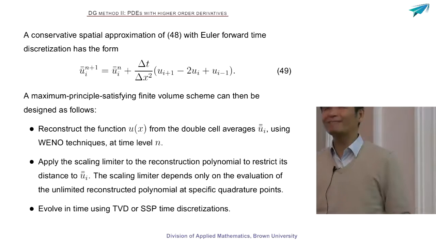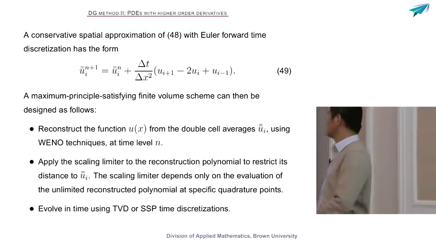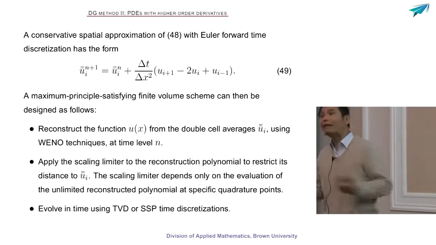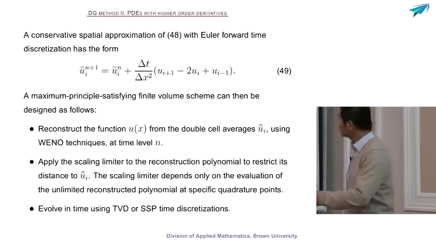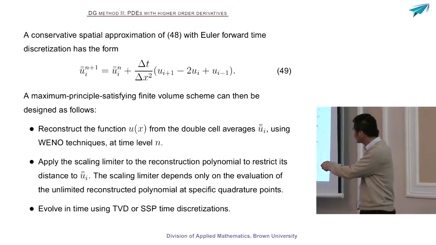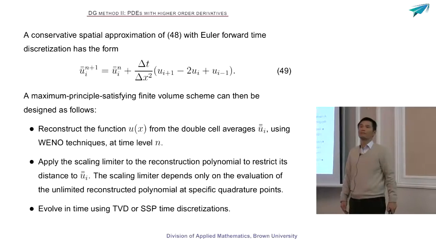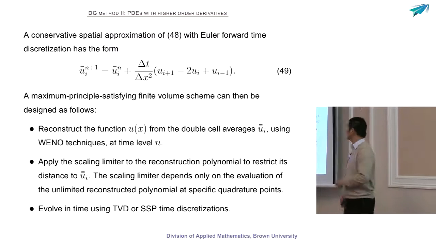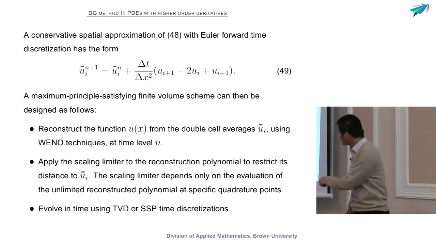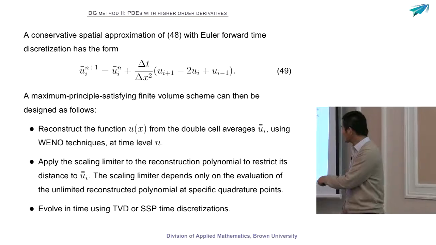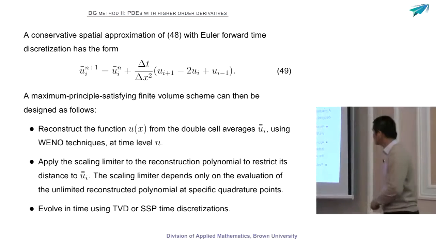It's the same procedure. So you get the polynomial, you can still do WENO, you can still do anything you like. You basically reconstruct these point values from the double cell average. Once you do that, you put them in here, you have a scheme. And for this scheme, you evolve in time using, for example, Euler forward or TVD or SSP time discretization for explicit. For implicit, you do something else.